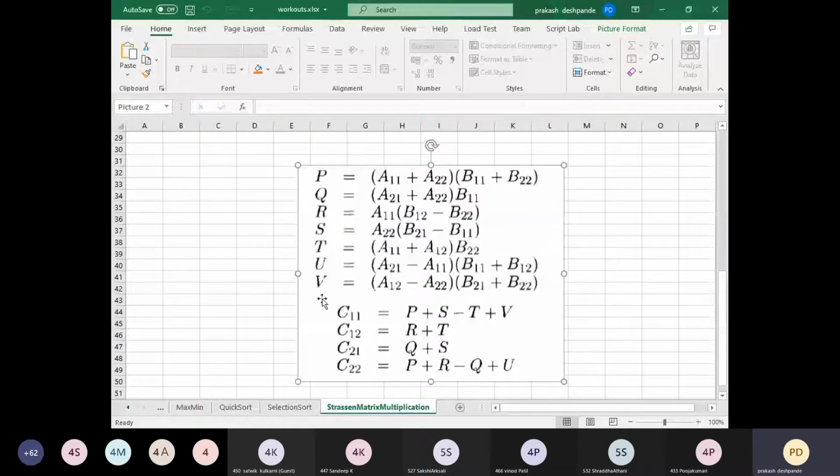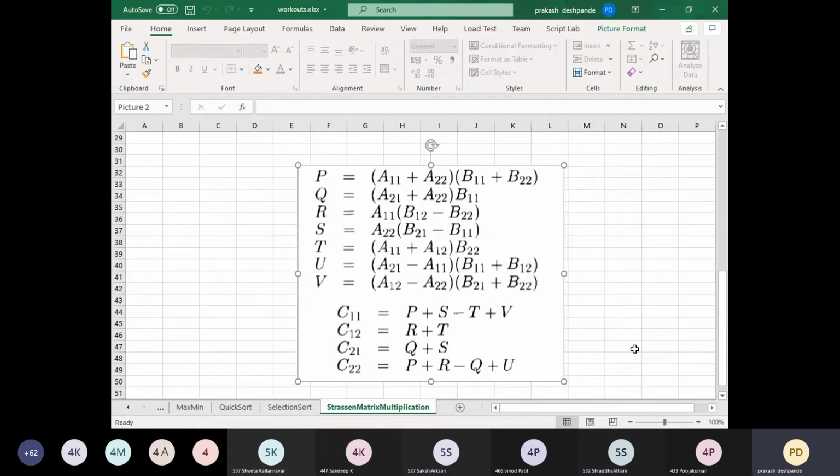Can you tell me how many multiplications are here and how many additions and subtractions? 7 multiplications, and the additions and subtractions together are 18.